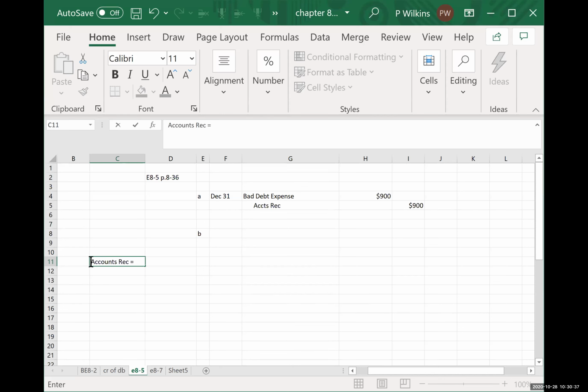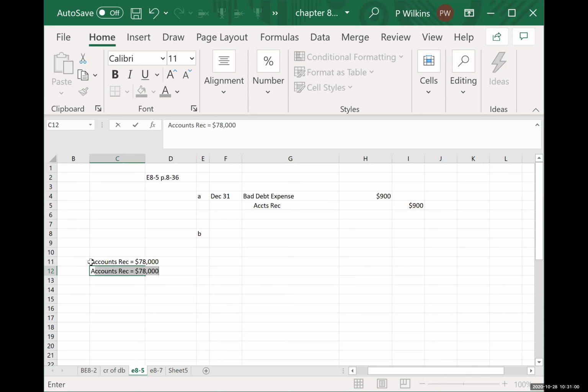They told us accounts receivable was equal to $78,000. And they're estimating that 10% is going to go bad. So that's what they want the ADA to be.